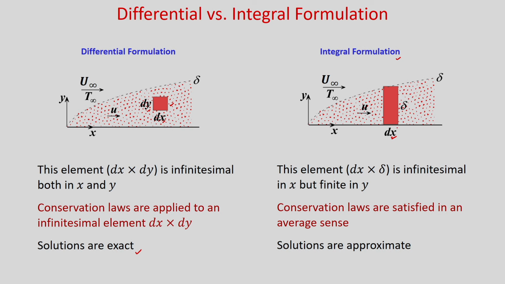In this particular case, when we consider boundary layer equations, for a flow over a flat plate, delta is the boundary layer thickness and your infinitesimal element is dx. So, the element is dx into delta. So, obviously we apply the conservation laws in an average sense, and hence solutions are approximate in integral formulation.